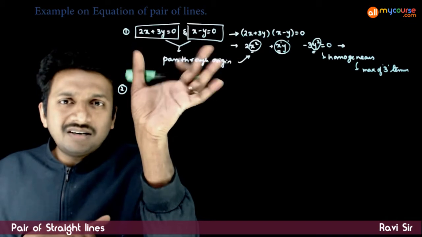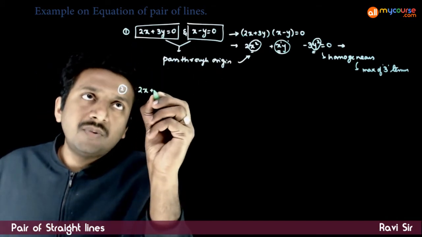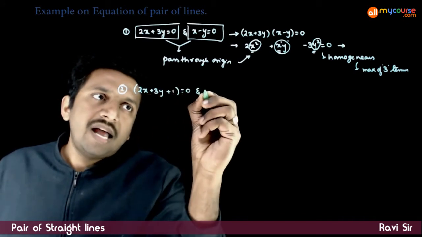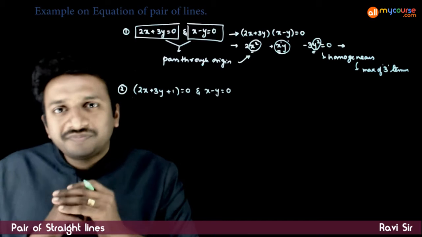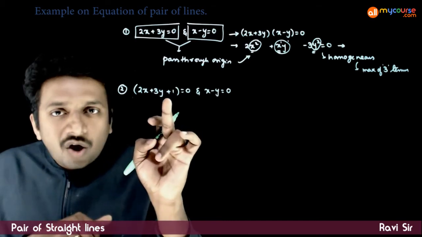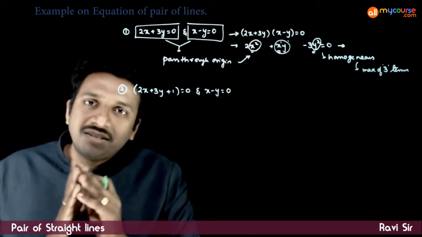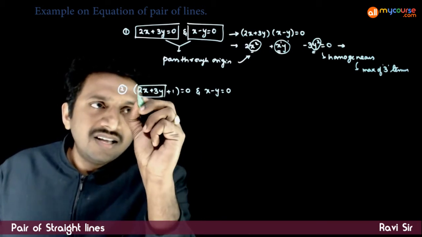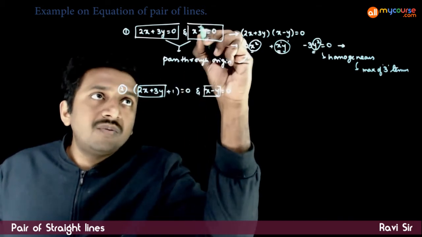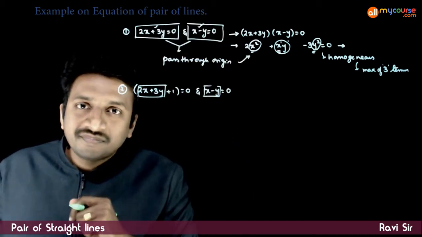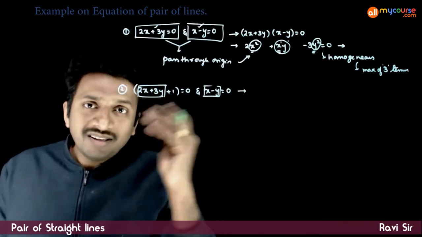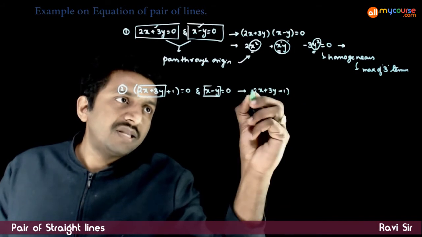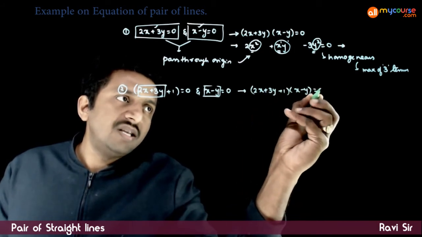So let us deal with slightly changed equations. You have 2x plus 3y plus 1 is equal to 0 and x minus y is equal to 0. One line is not passing through origin, the other line is passing through origin. And observe that the linear part of both these equations is same. Now if you want the combined equation of this, you get (2x plus 3y plus 1) times (x minus y) is equal to 0.